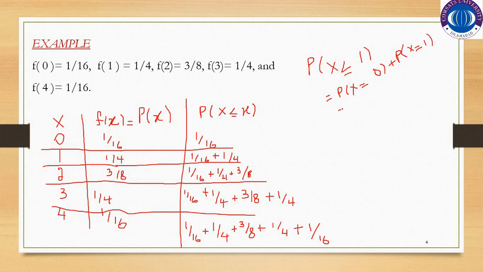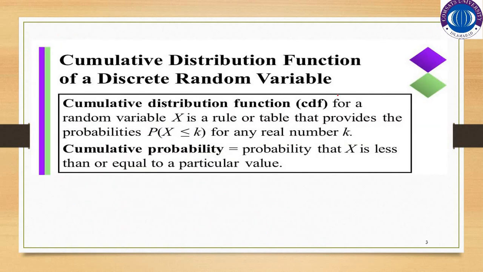So this would be equal to 1/16 plus 1/4. As we have defined, the cumulative distribution function is probability x is less than or equal to k.